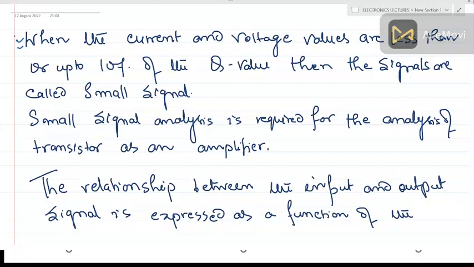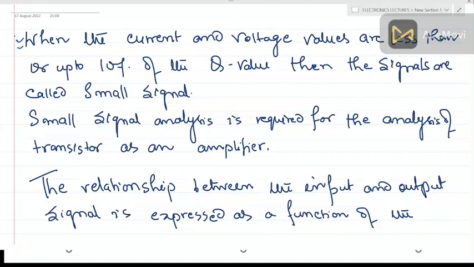This is the basic first definition that you should know, that what is small signal, because suppose you are doing the practical, you are doing the calculations and you don't know whether your signal is small or it is a large signal, your calculations will not be proper.